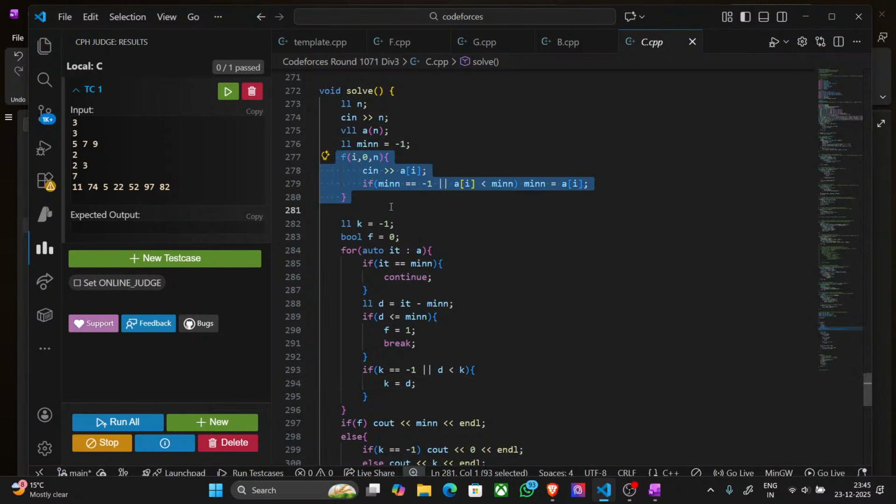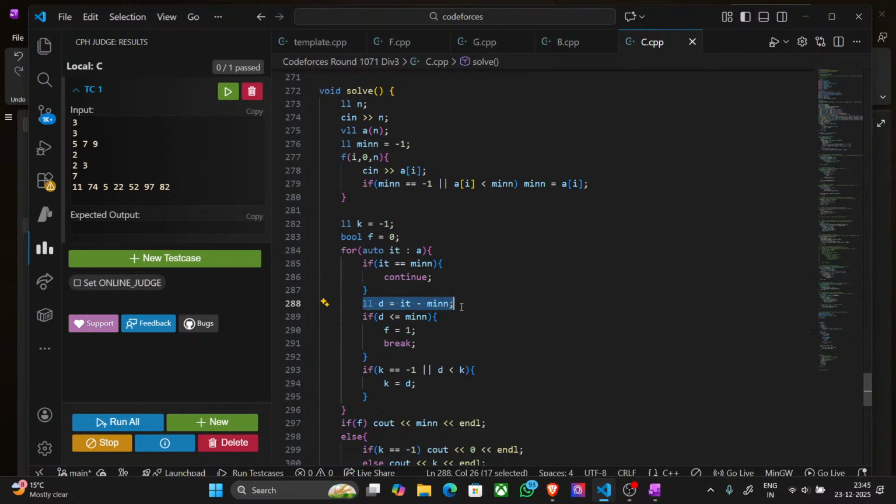Then I iterated over the array and checked the minimum value of ai. I made a k and a flag because I need to find the minimum difference. If ai is already equal to the minimum, you can just continue, because there are multiple minimum elements like 10, 10, 10, 10.